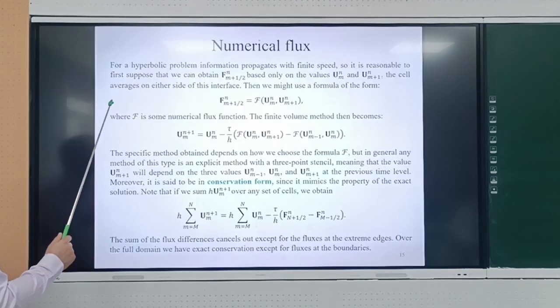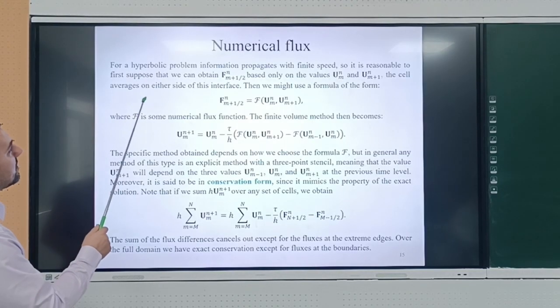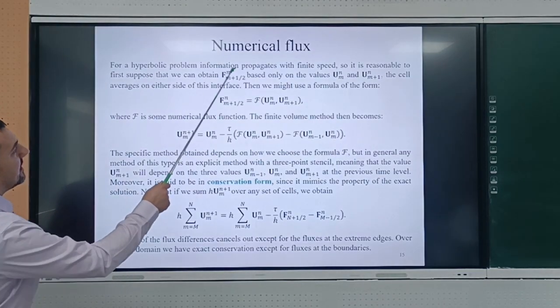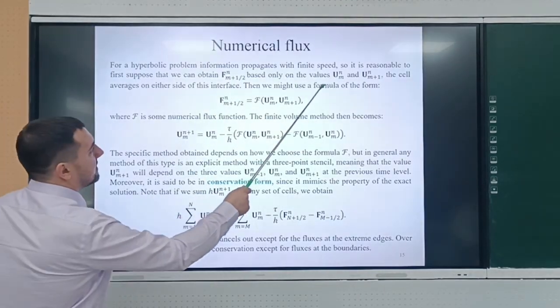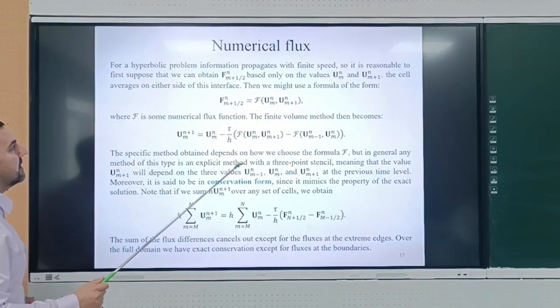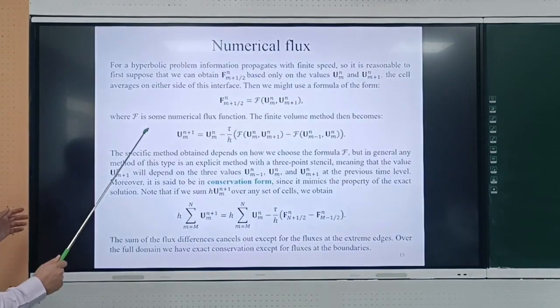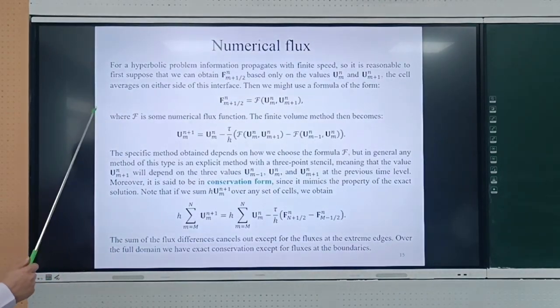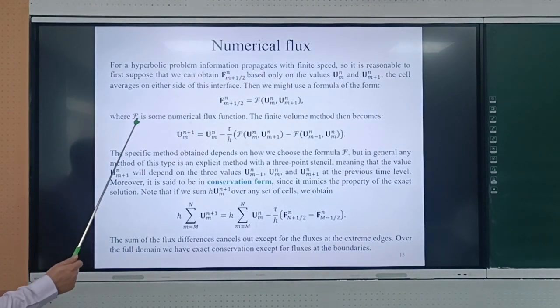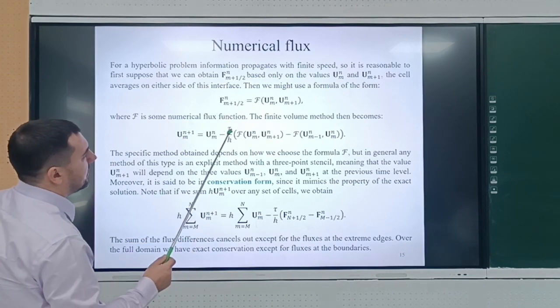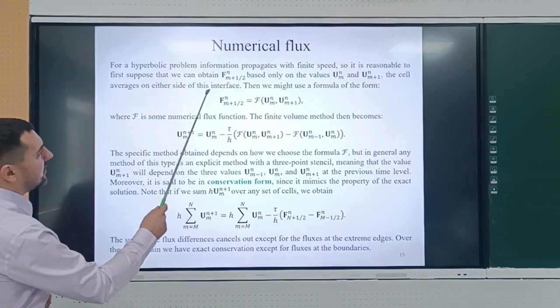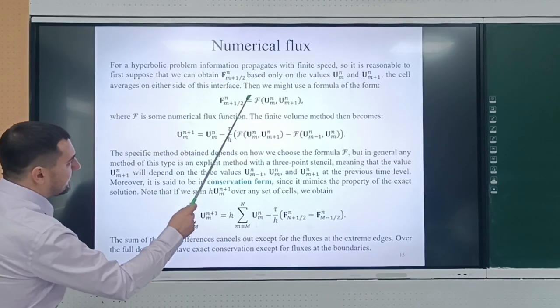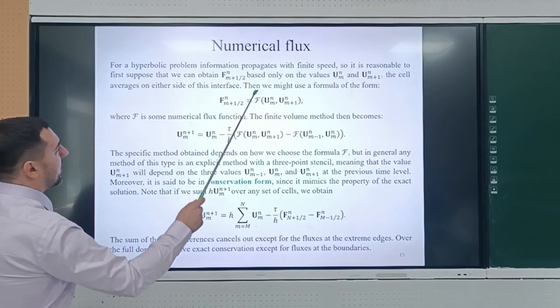So it's reasonable to first suppose that we can obtain this numerical flux based only on the values U_m^n and U_(m+1)^n, the cell averages on either side of the interface. This is from LeVeque's book. Then we might use a formula of the form: this numerical flux is some function F of these two arguments.